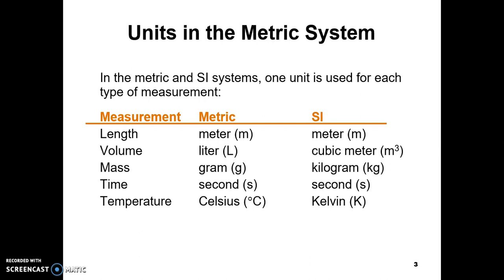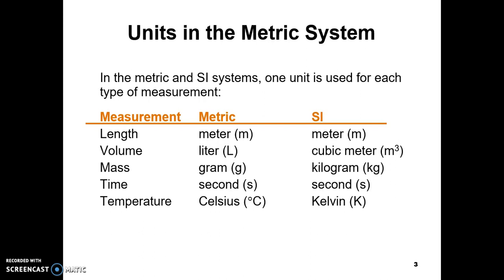Because all around the world there are different scientists performing different experiments, and if another scientist wants to replicate the same experiment, he needs to have the same units for the variables he is using in his experiment.